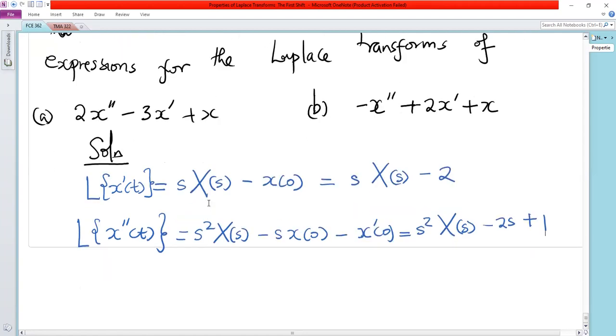So now that we know the Laplace transform of every part, it will be easier to find the Laplace transform of this expression.